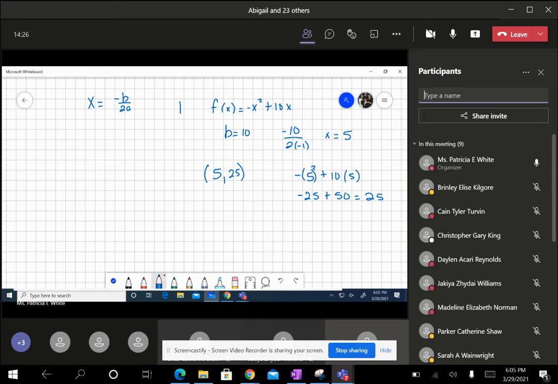What is my axis of symmetry? That's always the x, right? So for the axis of symmetry, I would say x is equal to 5. What if I asked you about the domain and range? What's the domain of any quadratic?